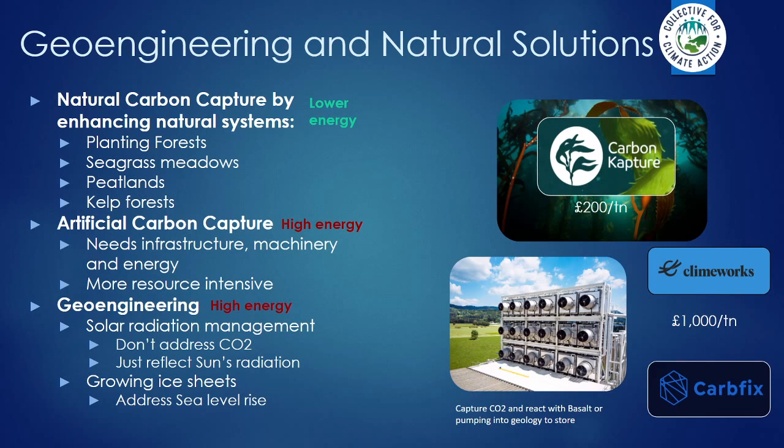Just because of the ease of use, the cheapness, and the immediacy of the effect, it seems very likely that at some point we're going to use that. But it'll be difficult to decide how to do that, because it will have impacts around the world in terms of rainfall and different weather events, so that's a thing that international agreements will have to come together on.